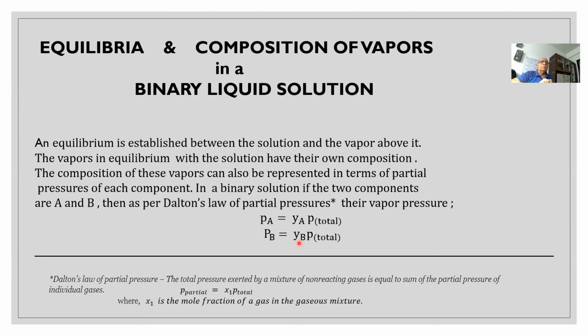So sometimes, rather very frequently, I'll say, you get questions on composition of the vapor in binary liquid solution. You need to understand Dalton's partial pressure, calculate mole fraction of different components, and get the partial pressure.